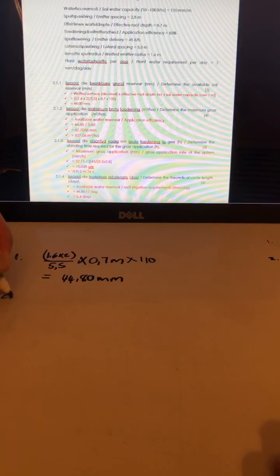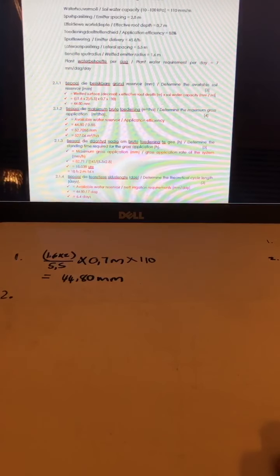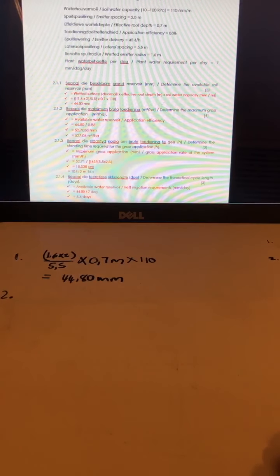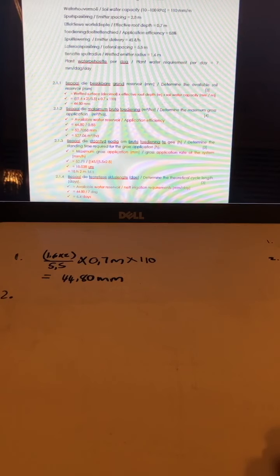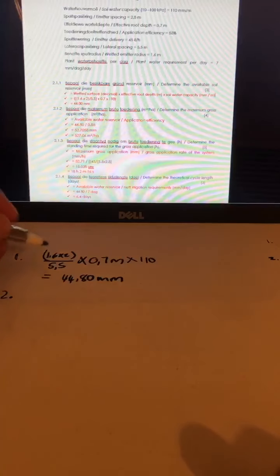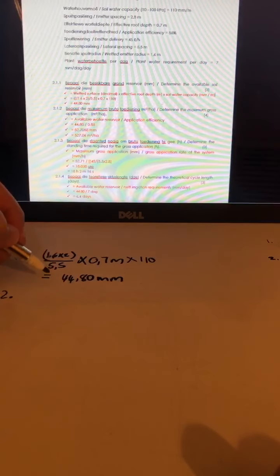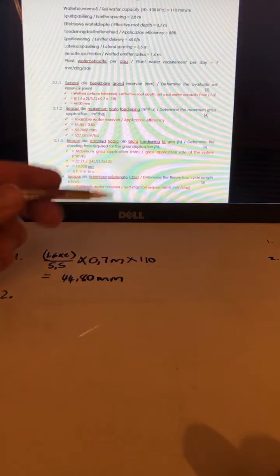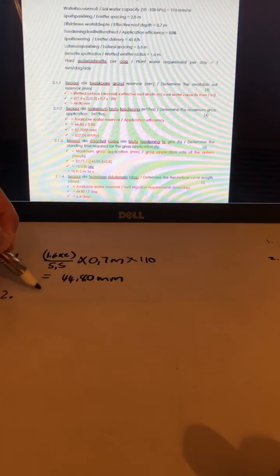How much should you apply for your system, with its evaporation losses, to end up with the amount that's needed in the soil? That is your available water reservoir, which you calculated in number 1, divided by your application efficiency.